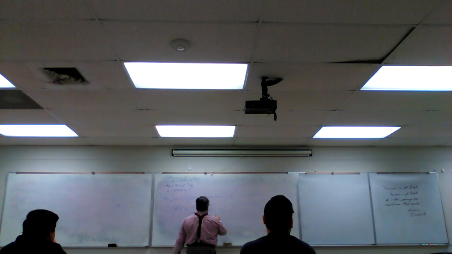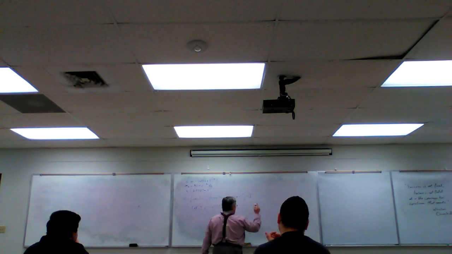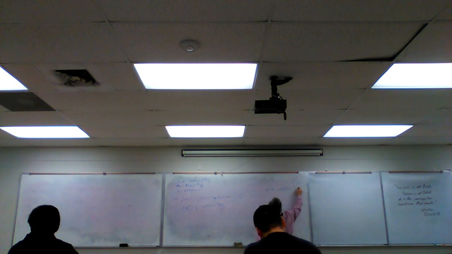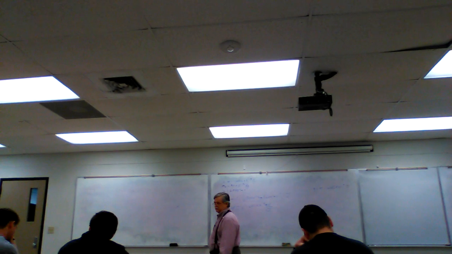Electron volts. Exactly. 1 electron volt is equal to 1.6022 times 10 to the minus 19 joules. That's your conversion factor.